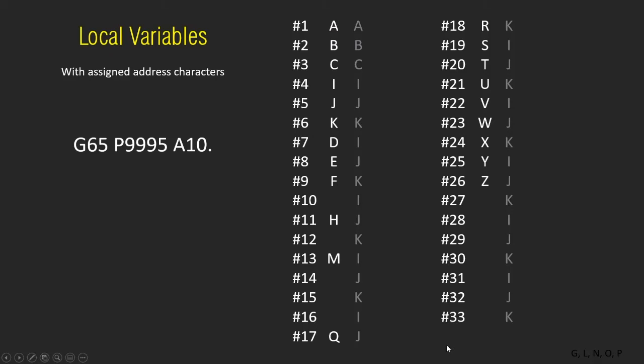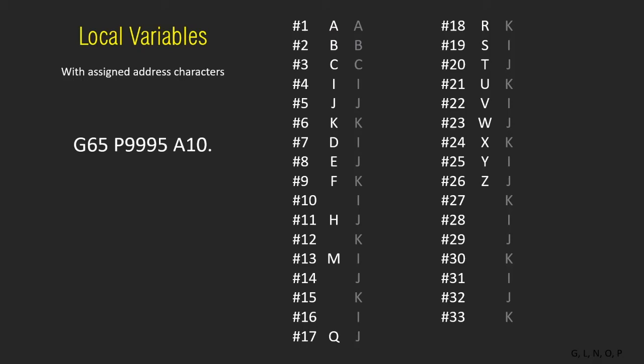These are all the local variables. Local variables are available in whatever program is currently running. So when I'm running my main program, I have a set of local variables for that program. And when I jump into a subprogram, I have a new set of local variables that are going to start fresh when I run that subroutine.